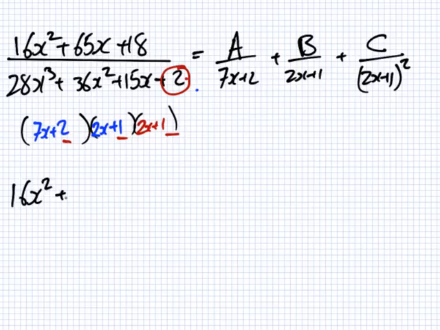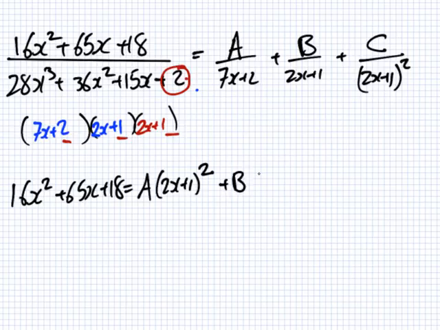When you multiply by the factors, you'll end up with A times 2x plus 1 squared, because you'll have 2 of these left, plus B, what would it be here? Correct. And then finally, C times 7x plus 2.